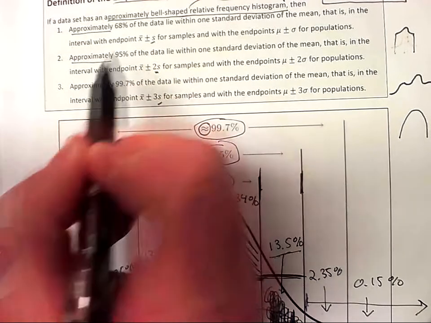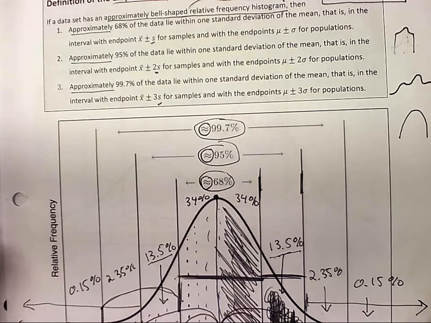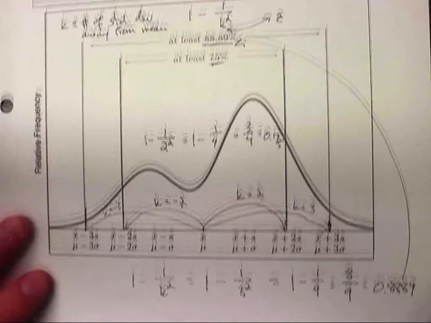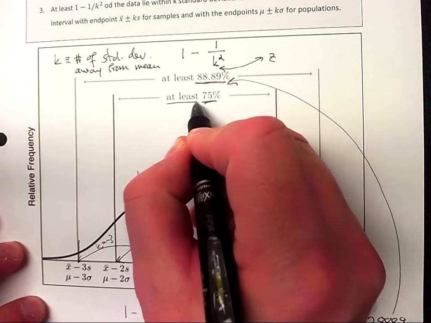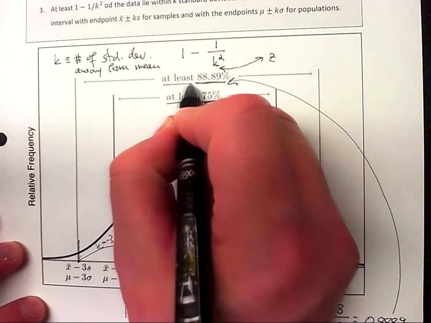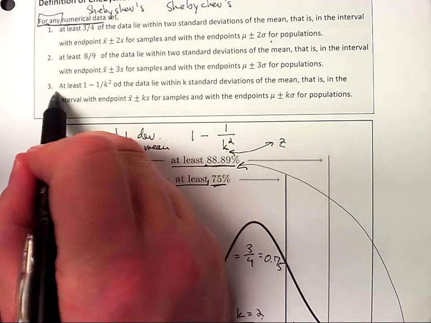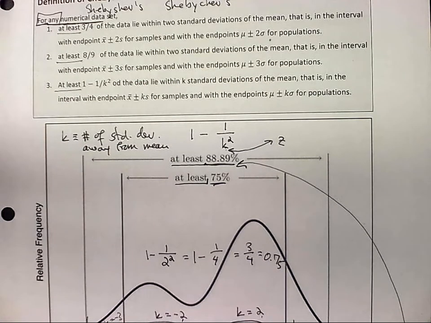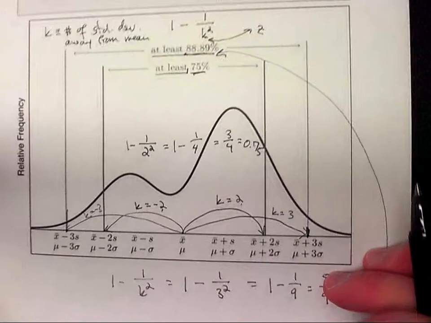Even up here in the wording of these definitions, we always have approximately. That is different than Chebyshev's theorem. In Chebyshev's theorem, we always have at least this percentage. At least this percentage, right? So we have at least, at least, at least. Right? Does everybody see those two differences?